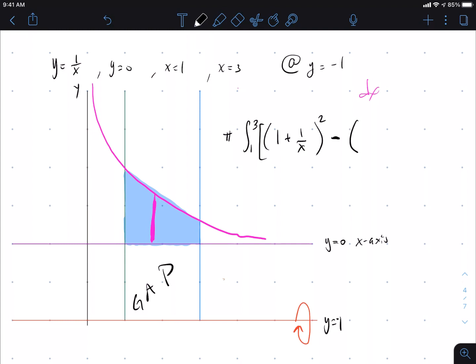Okay, so isn't it going to be 1 plus 0 squared? Right? Is everyone okay with that? So the distance is just 1, the 1 plus 1 over x, because you go up 1 from the x-axis.